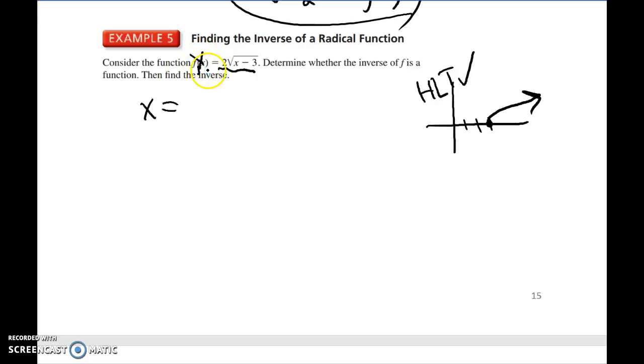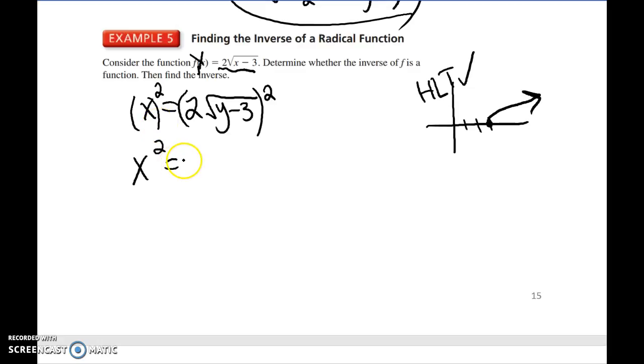So we have x equals 2 times the square root of y minus 3. Divide both sides by 2. Actually, square both sides first. So let's square both sides. And we'll get x squared equals 4 times y minus 3, because 2 squared is 4, and the square root cancels out with the exponent.